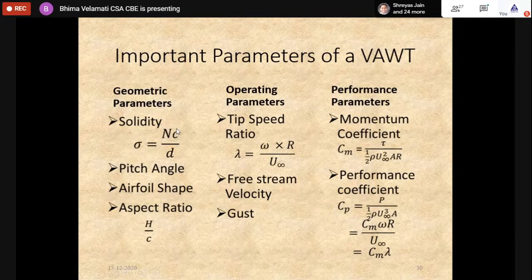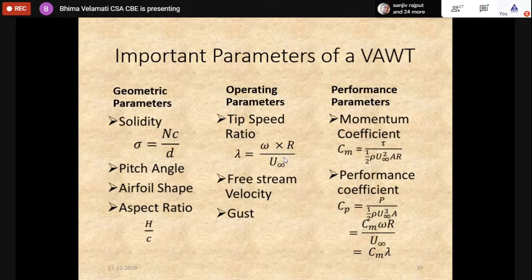Of course, we are not looking at these. We look at mostly operating parameters. One of the non-dimensional operating parameters is called tip speed ratio, which is the rotational velocity of the tip divided by the free stream velocity.